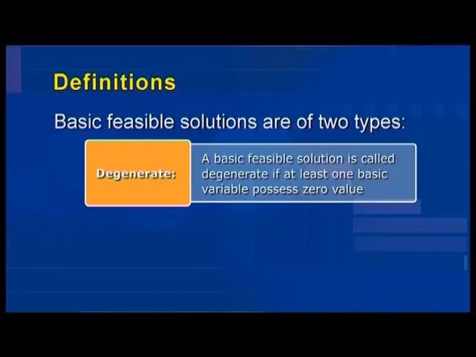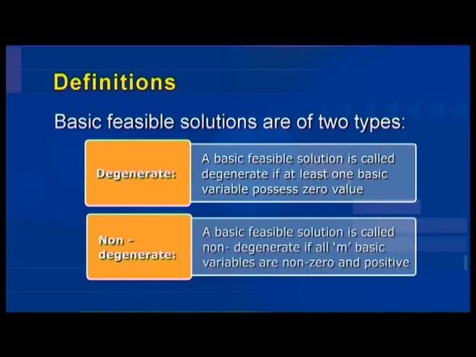A basic feasible solution is called degenerate if at least one basic variable possesses 0 value. B. Non-degenerate. A basic feasible solution is called non-degenerate if all m basic variables are non-zero and positive.